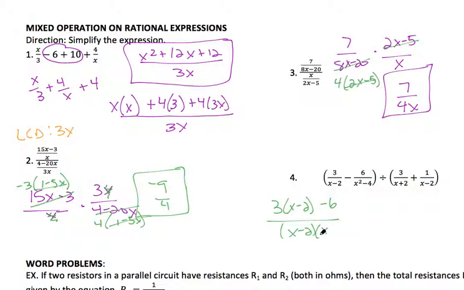So my least common denominator is the x minus 2, x plus 2 that we get from right here. X minus 2, x plus 2. Okay, all right.